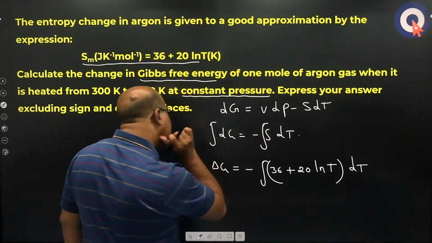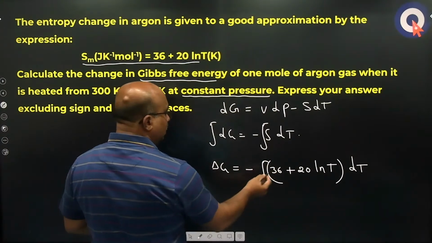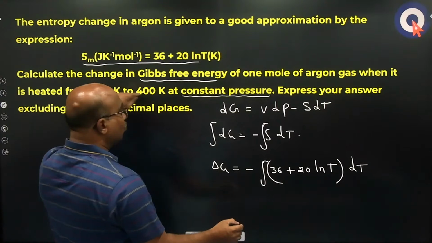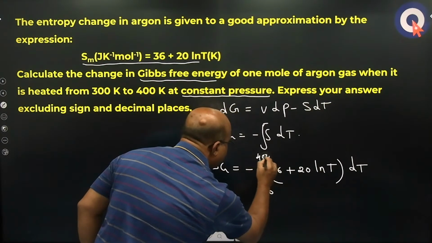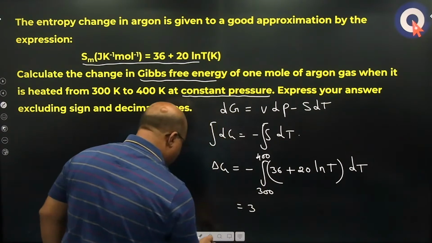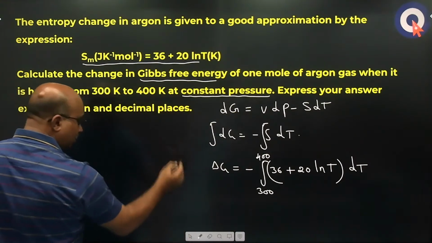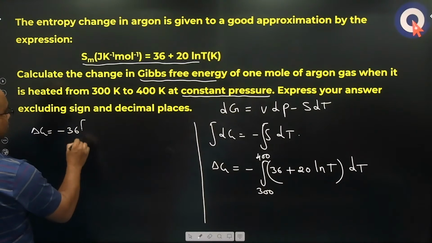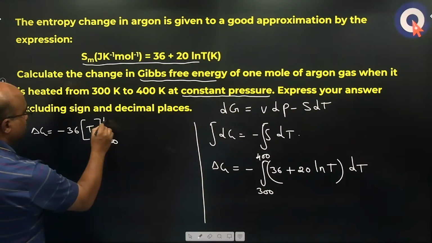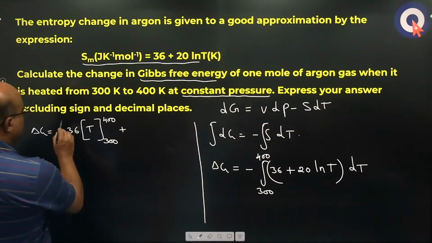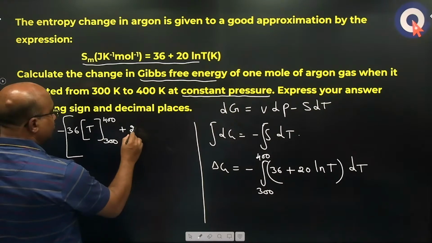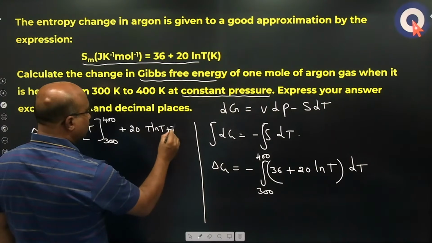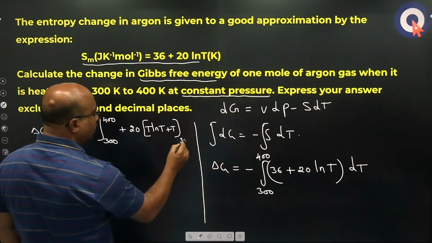So what is it at this stage? Taking the integration separately: 36 dT and 20 ln T dT, with the limits of 300 to 400 Kelvin. Taking the total as minus, delta G is minus 36 times T with the limits 300 and 400, plus, with the overall minus, 20 times the integral of ln T dT, which is nothing but T ln T minus T, with the limits again 300 and 400.